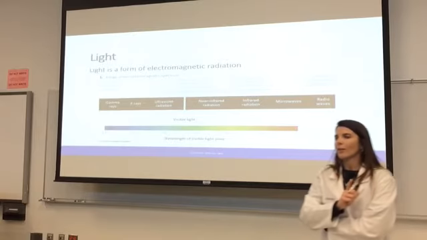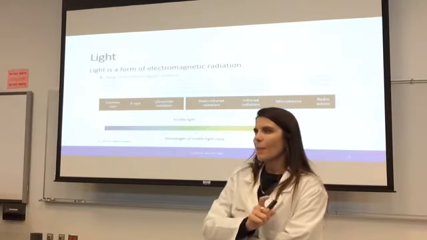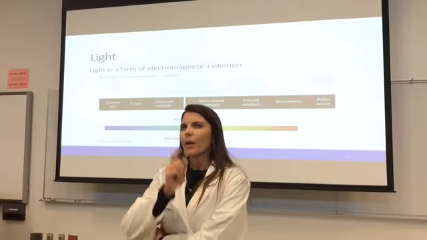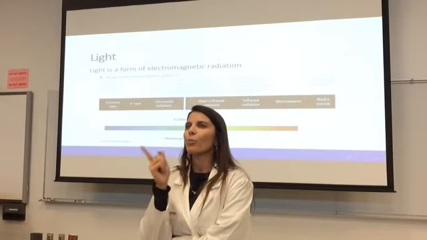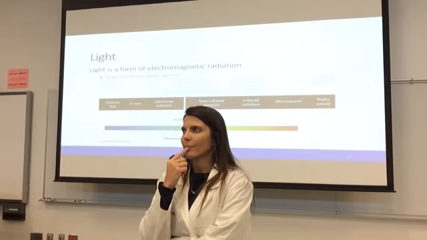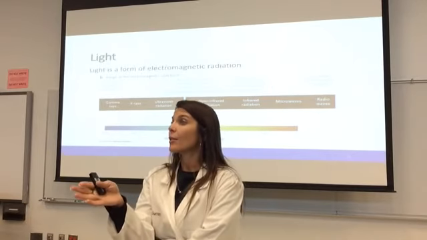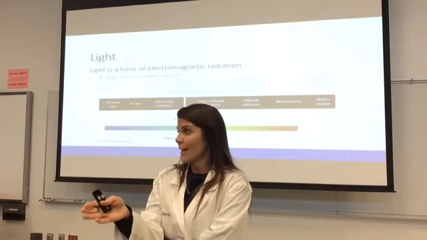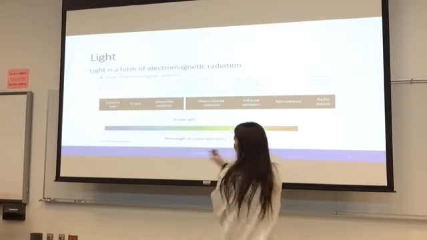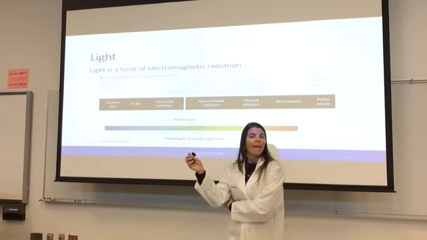Before we make further hypotheses, let's answer a question. Why is the sky blue? It reflects blue. And what does it do with all these other colors? It absorbs them.